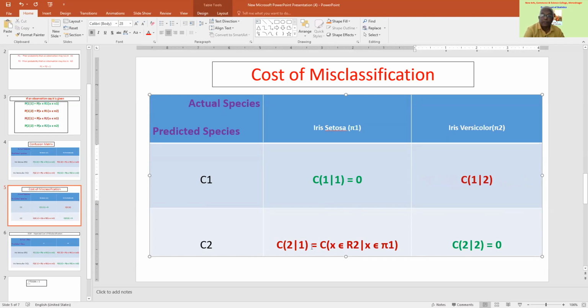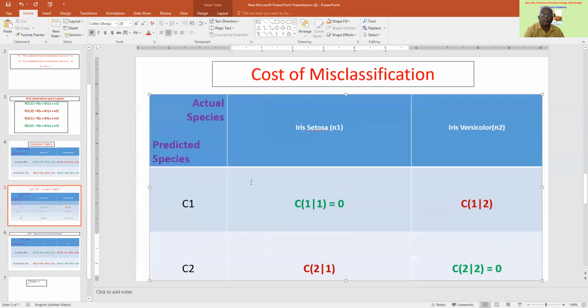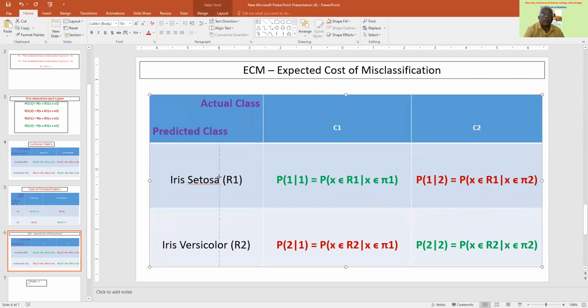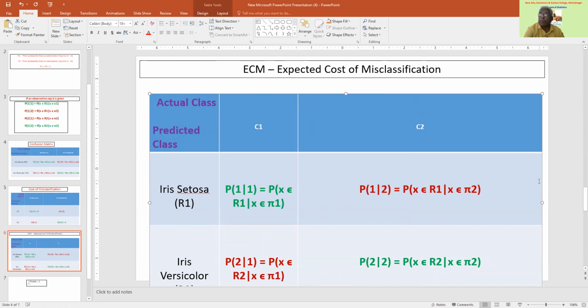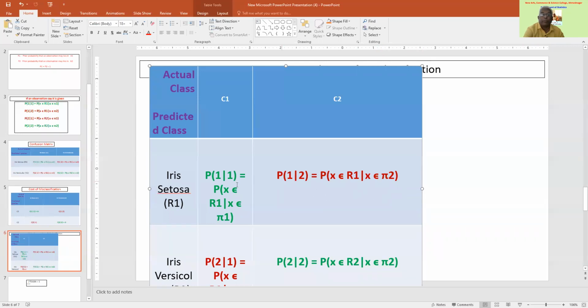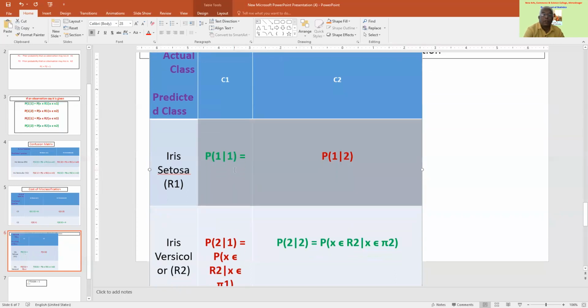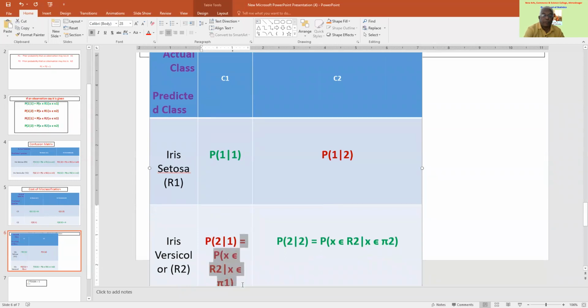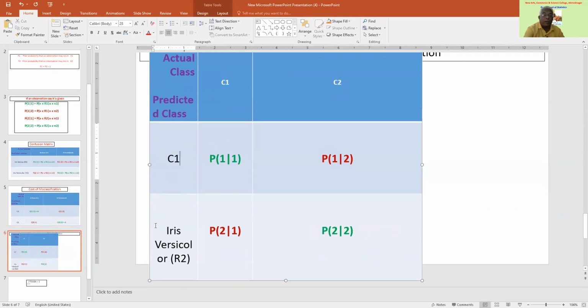I just want to add two matrices here. I have to write here C1 and C2.